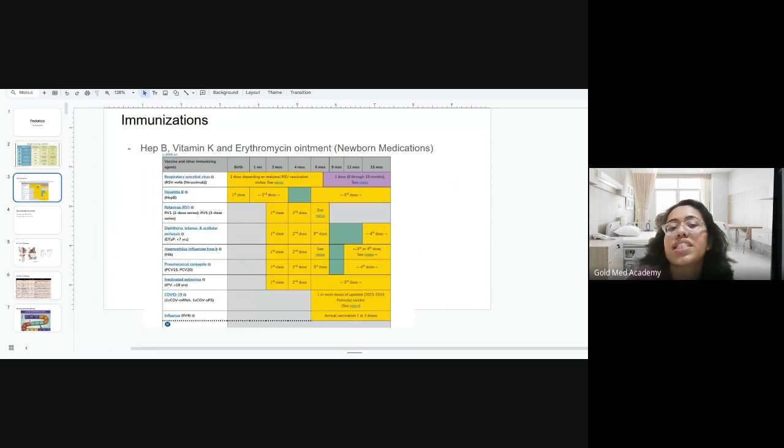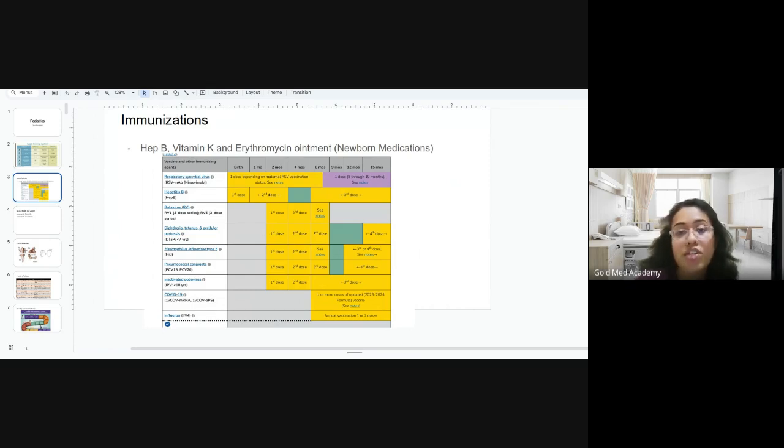And so usually you will see that they might need a little bit more support, and that's why we give them that vitamin K. Because the liver itself might not be functioning like it should, it's not really regulated yet, they might need some assistance with helping to clot the blood, to decrease the risk of bleeding.